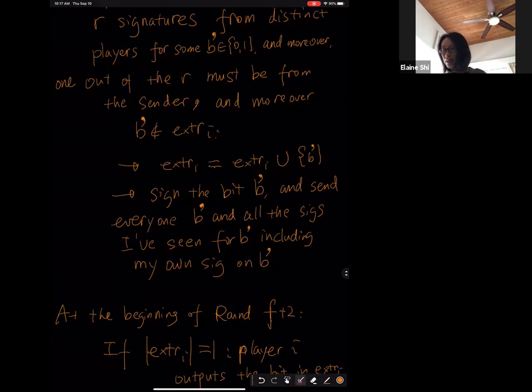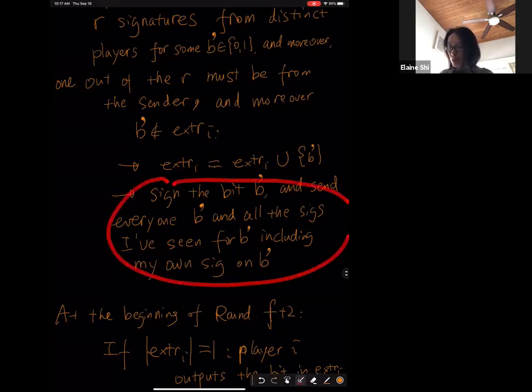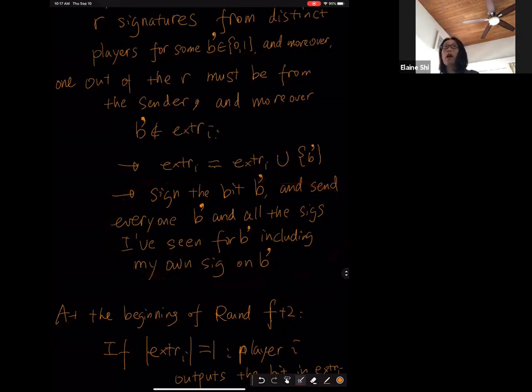The thing to realize is that this batch of signatures I'm sending has signatures from R plus 1 distinct players. The only thing I have to show is that my own signature must be distinct from every other signature I've seen.